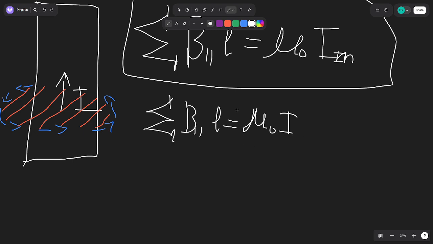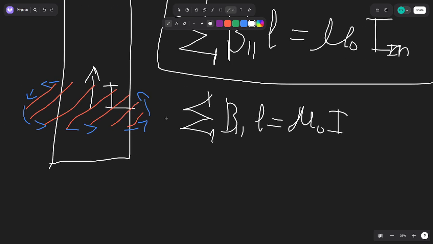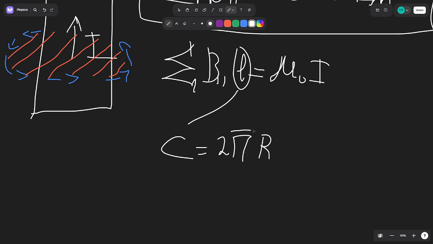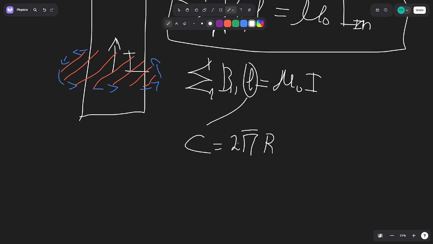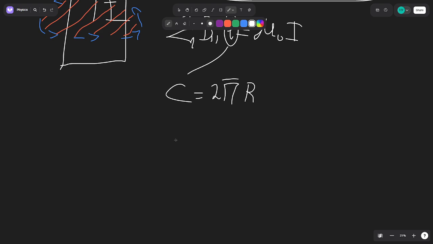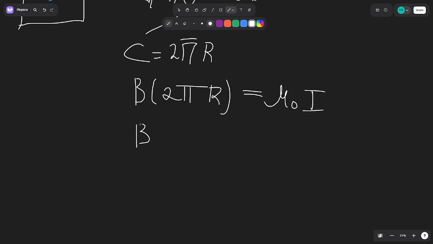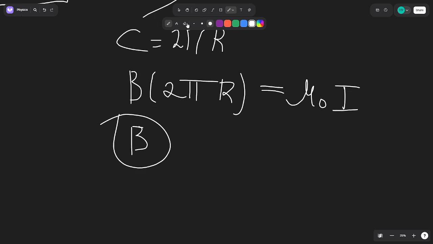In our case, the length, the distance the magnetic field travels, is equal to C, which is basically 2πr. So then the formula is 2πrB equals this, right? And now we can find the magnetic field itself.